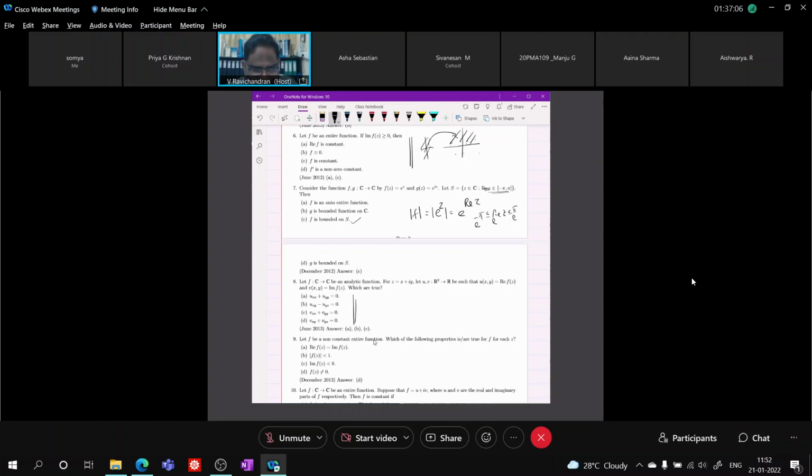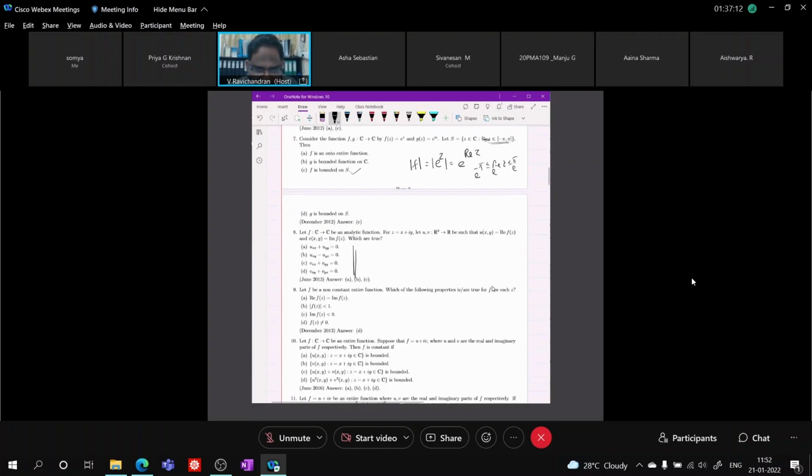This question is somewhat trivial, so I will not discuss it. You are given a function from C to C where u is the real part and v is the imaginary part, and this one will come by the harmonic nature of the function. This one says mixed partial derivatives are equal. Uxy will be Uyx whenever the second order partial derivatives are all continuous.